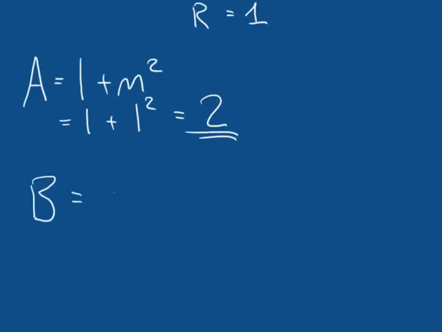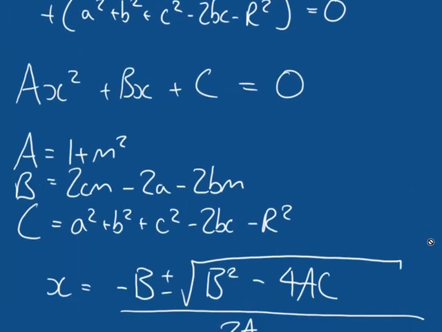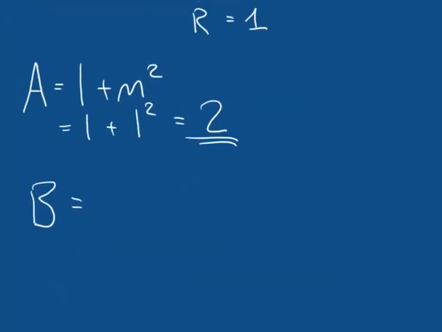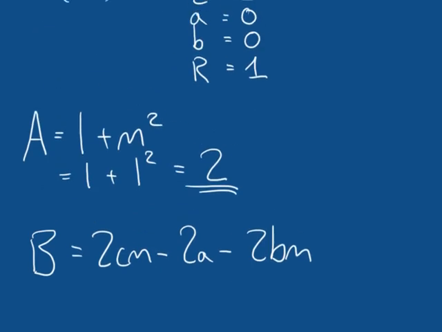B is equal to, well, let's jump back and see what b was equal to. So b is equal to 2cm minus 2a minus 2bm. We can put our numbers into that.